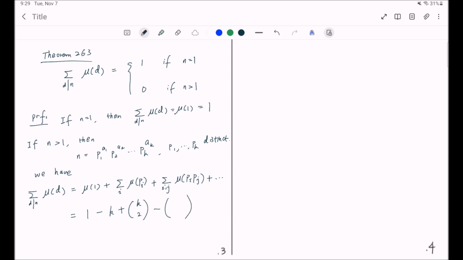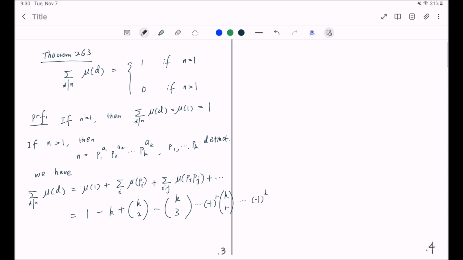And this sum will be alternating. Next term will be k choose 3 with a -1 in front, because it's a product of 3 things. And in general, for the rth term, we're going to get -1 to the rth power times k choose r. And the last term will be -1 to the k. But what is this?